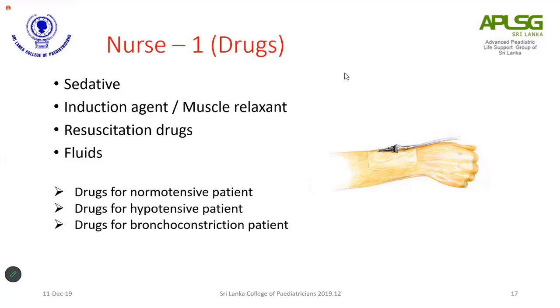You also need to make sure that all your resuscitation drugs such as adrenaline are ready, because sometimes the patient can go into a collapse during your intubation. And your fluid boluses also need to be ready, because the patient can suddenly become hypotensive during intubation.